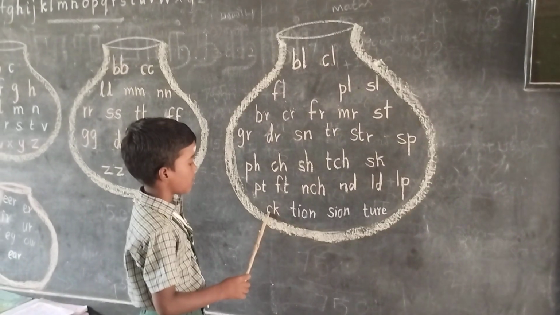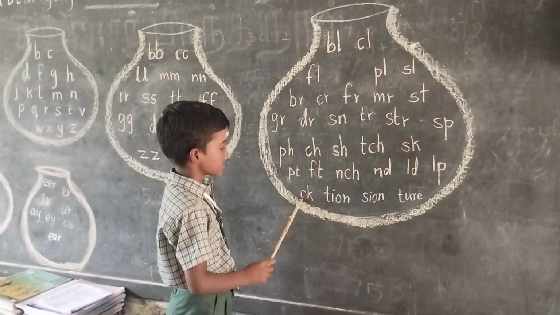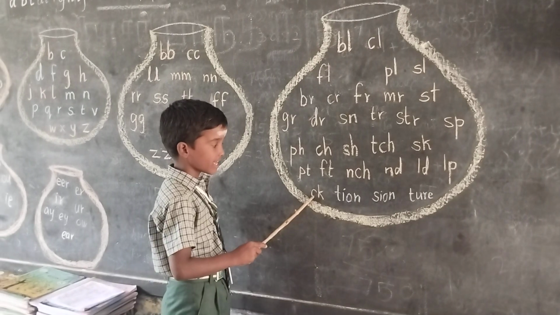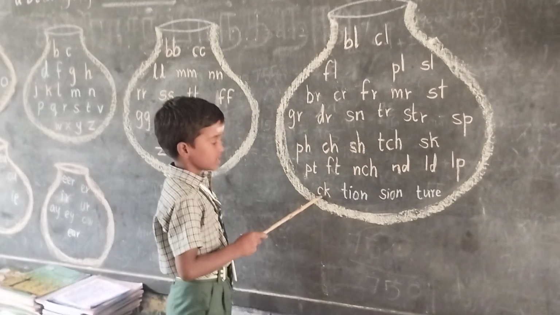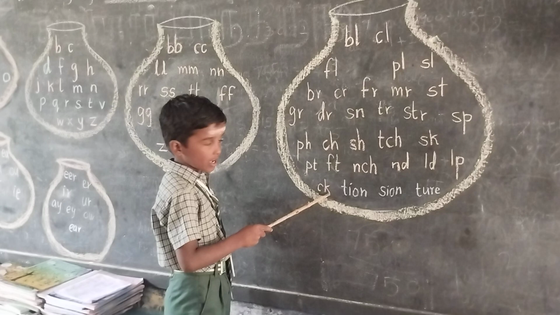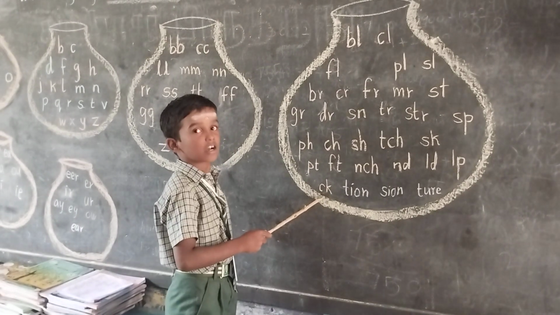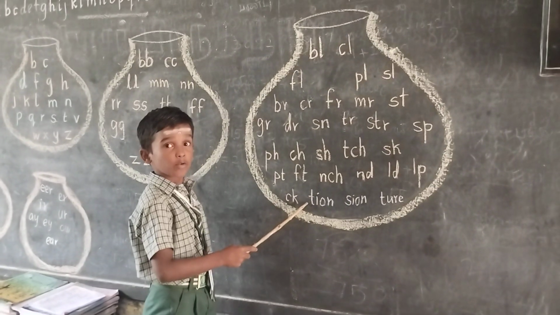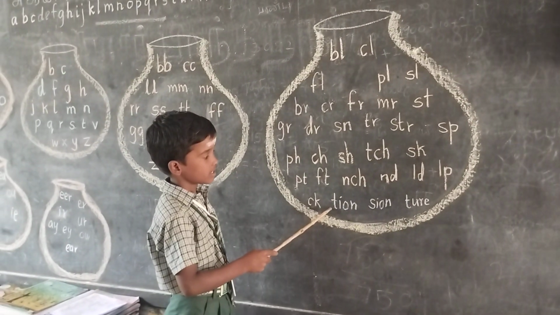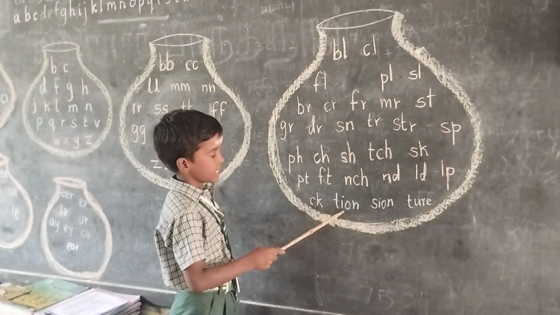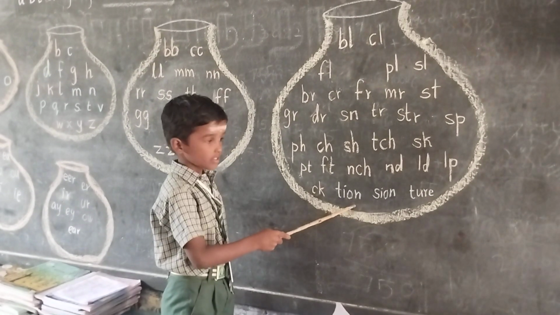The combination of letters CK. For example, cook and cock. A group of letters: the combination of letters TION as a sound.